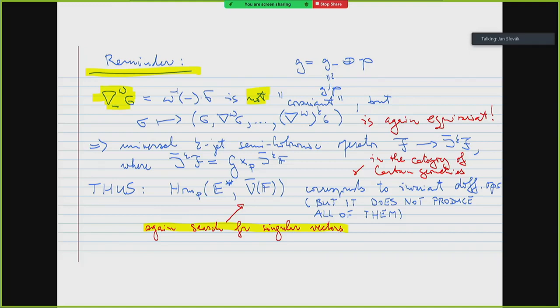So the homomorphisms embedding the duals of the finite dimensional P modules into the semi-holonomic induced modules are not the same thing, but will provide us with operators, right? And I already discussed that actually it does not provide all operators, because there are some exceptional ones which do not come from P modules.